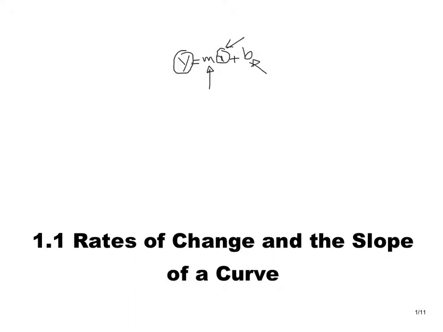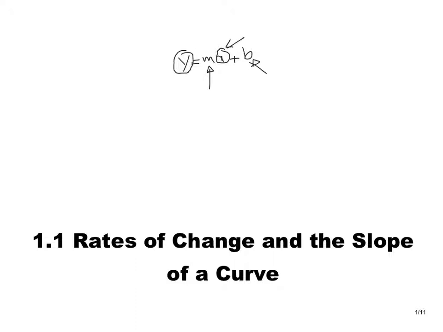Your height also changes with your age, with the time. The price of a stock changes as time goes on. Another example is the surface area of a sphere changes when the radius or the diameter changes. These are all examples of rate of change or the slope.